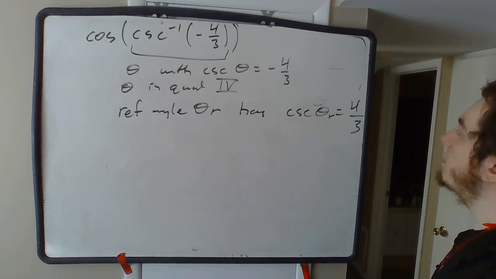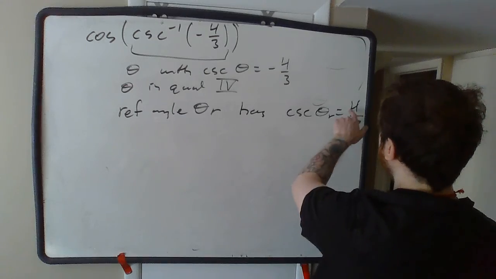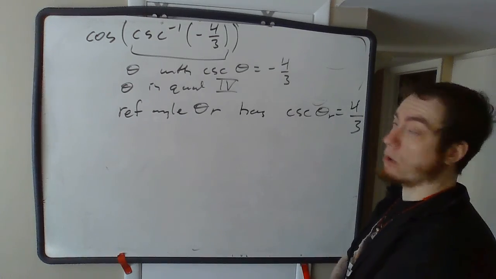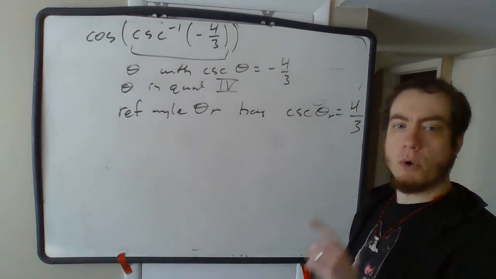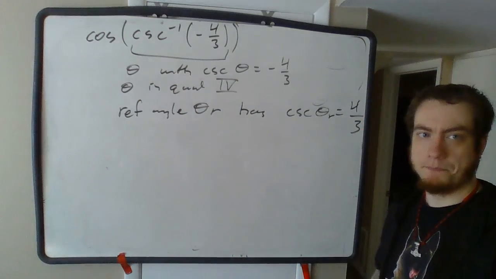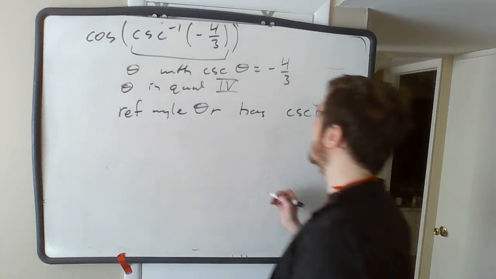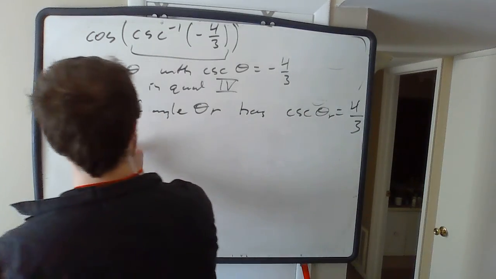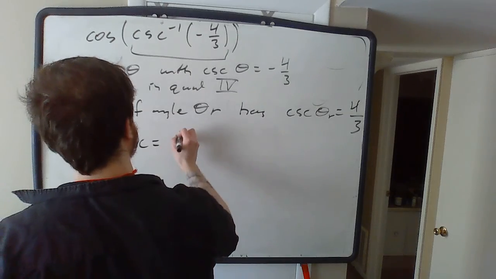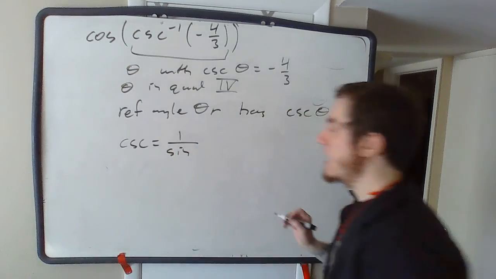So I want to build a triangle with a reference angle, and the cosecant should be 4/3. Now, I want you guys to pause this, take a minute, see if you can build a triangle like that. Here's a hint in case you weren't able to get it. Remember that cosecant is going to be the reciprocal of sine.